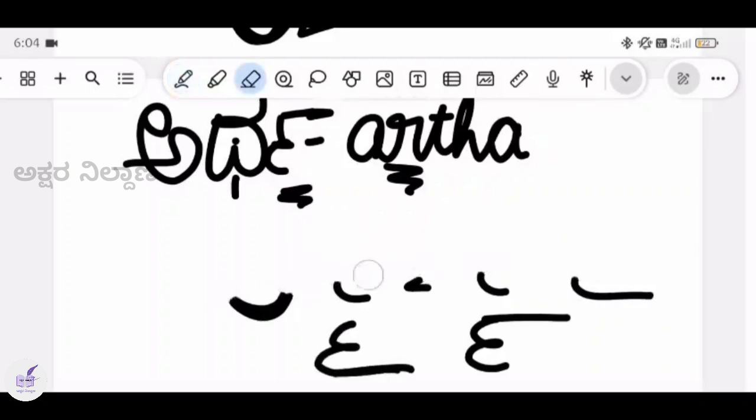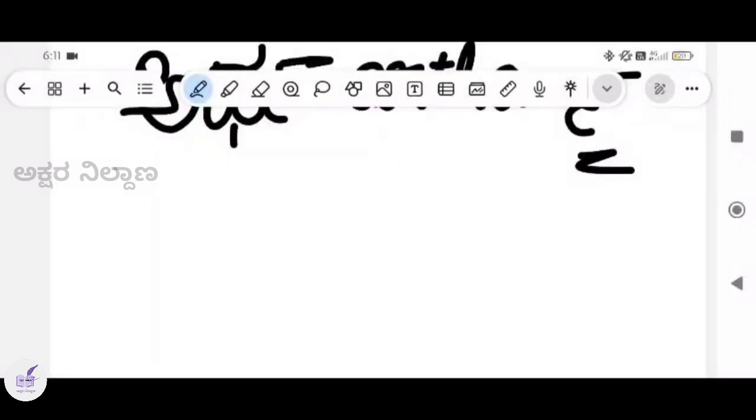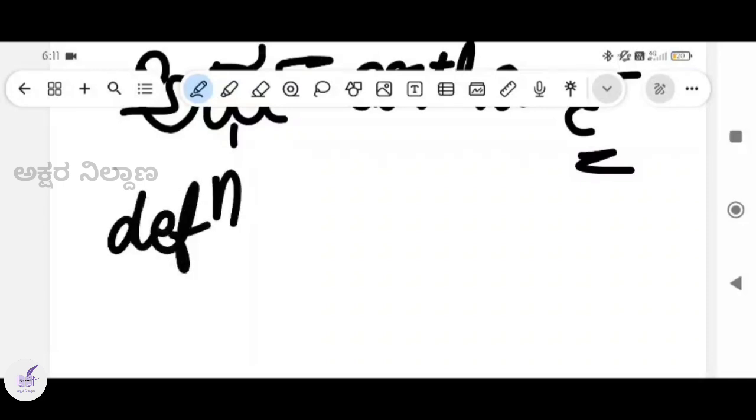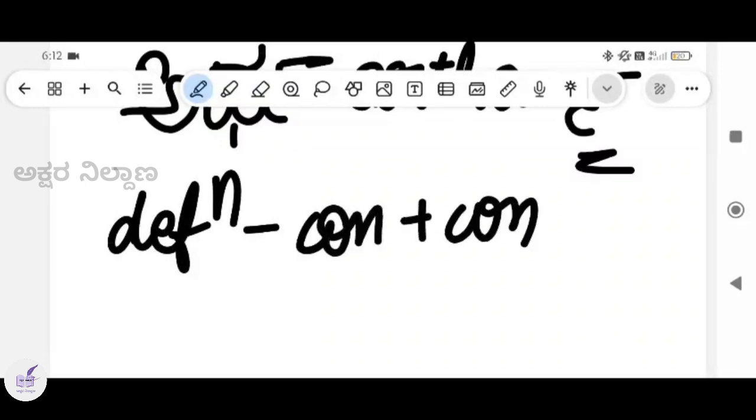Okay, yes. Now say to me what we have learned today in this session. Let's see. We learned the definition of Vattakshara. Vattakshara means where a consonant is added with a consonant. It may be the same consonant or a different consonant.